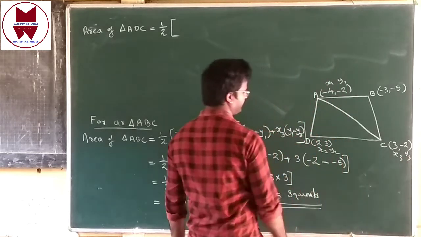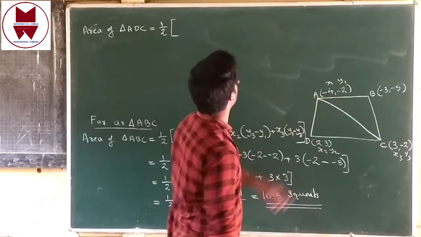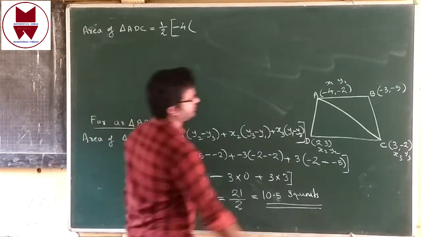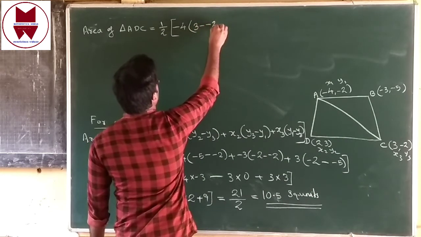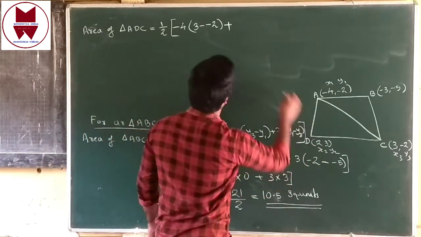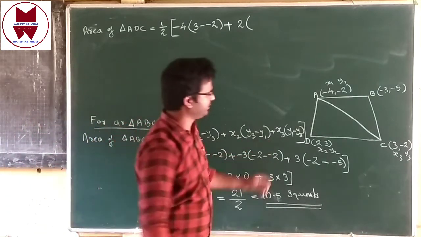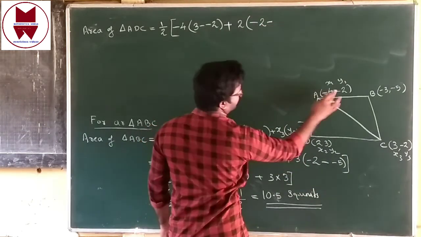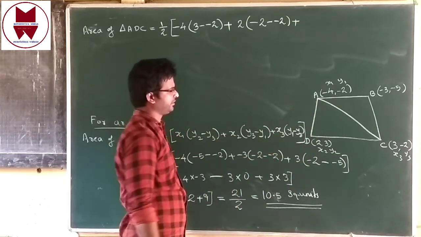Then use this formula: x1 in here -4, into (y2 - y3), y2 is 3 minus minus 2, plus next x2, x2 is 2, into (y3 - y1), y3 is -2 minus minus 2, plus then x3 into (y1 - y2).